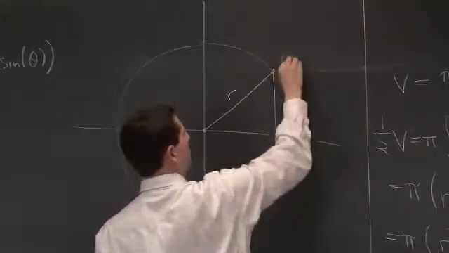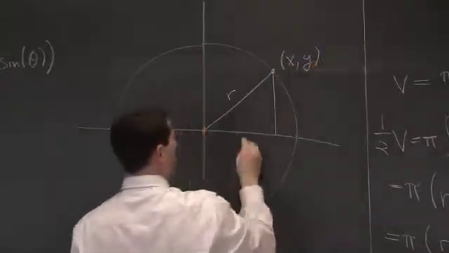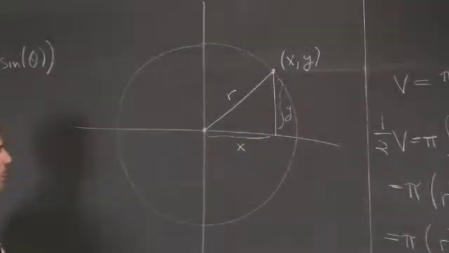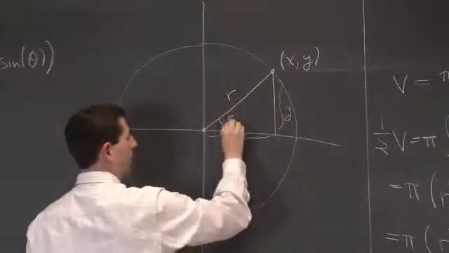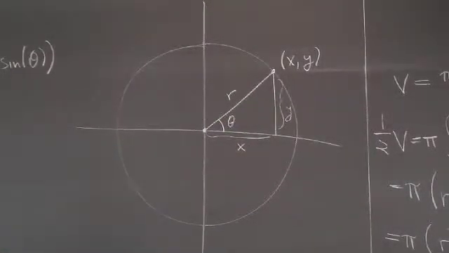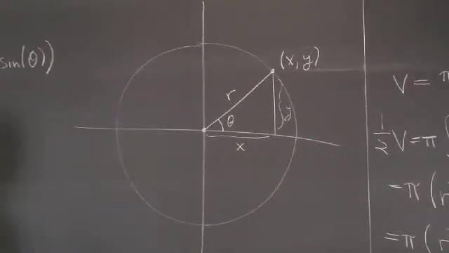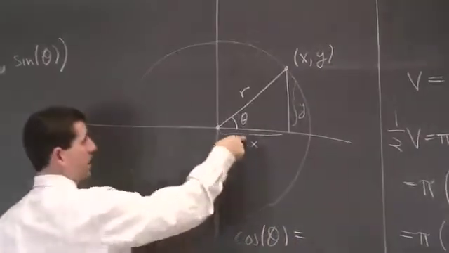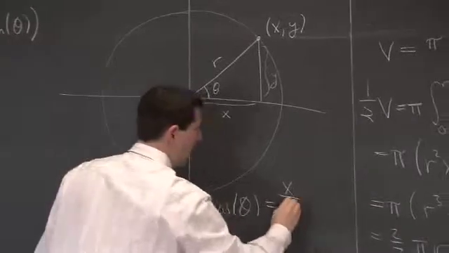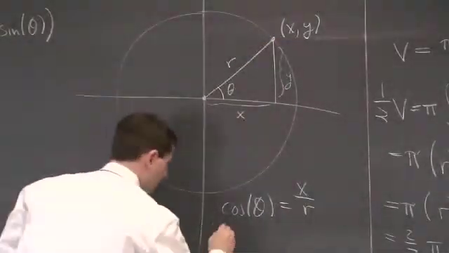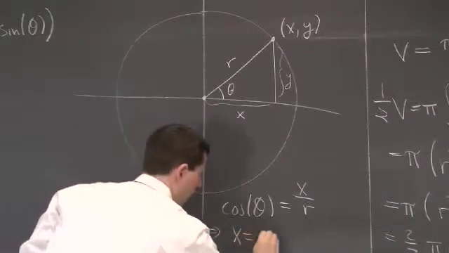Okay, and again, this could be the x-coordinate and the y-coordinate, and that'll be x, and that'll be y. And if that's theta, what will cosine of theta be? Cosine of theta, the adjacent over the hypotenuse, is x over r. And so if I just want x, because I have an x here, I can rewrite it, x equals r cosine of theta.